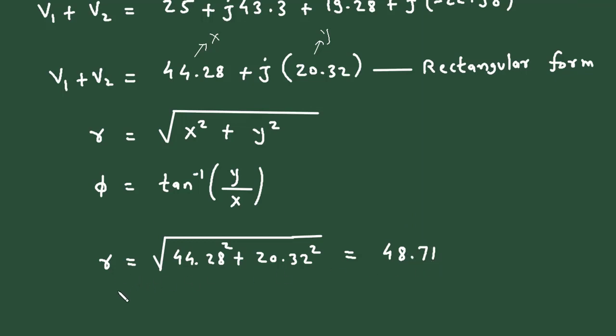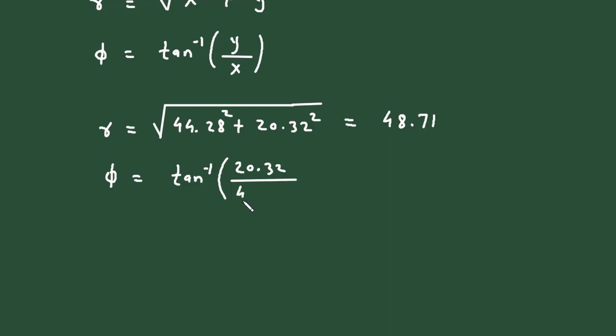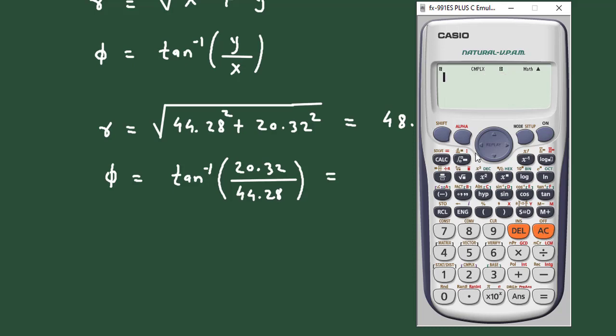48.71 is the value of R, and the value of phi will be tan inverse of y by x. That is, tan inverse of 20.32 divided by 44.28.